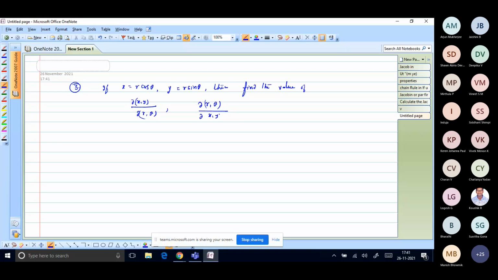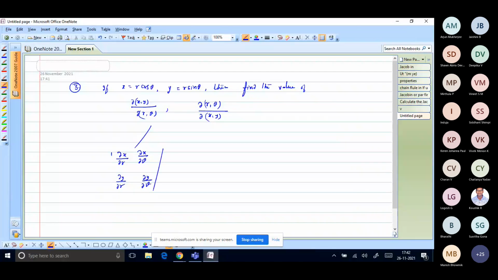So first of all, compute this. What is this? Del x upon del r, then del x upon del theta, and then del y upon del r, and del y upon del theta.